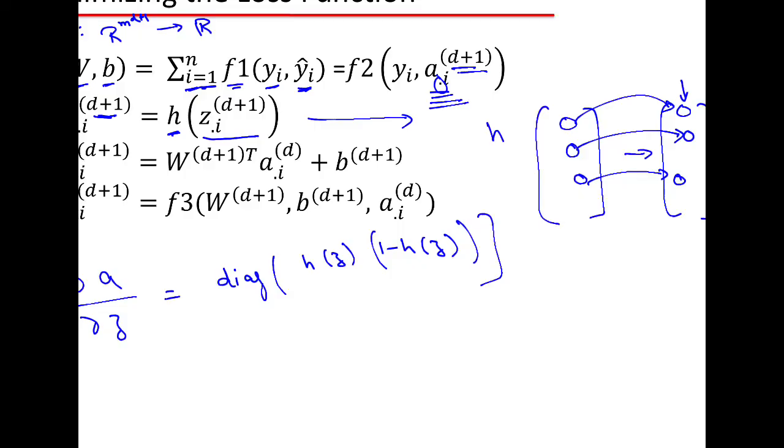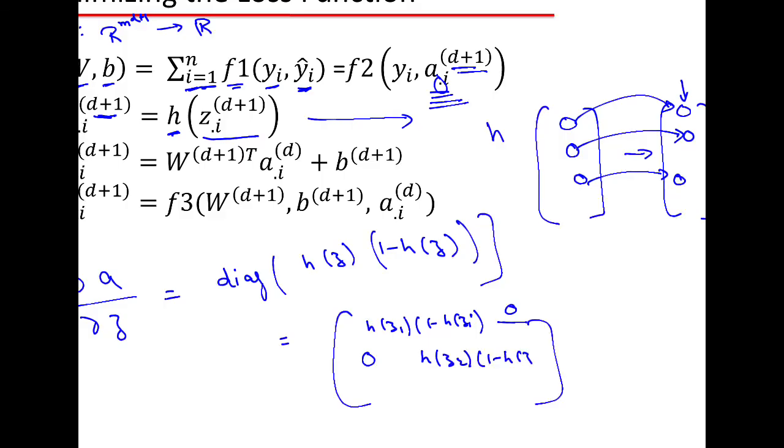So then, just look at the first component, put it in the first diagonal component, and so on. So this would be essentially H of Z1, 1 minus H of Z1. And then all zeros here, all zeros. Next will be H of Z2, 1 minus H of Z2, and so on. All the other components will be 0. Okay, so this is simple.